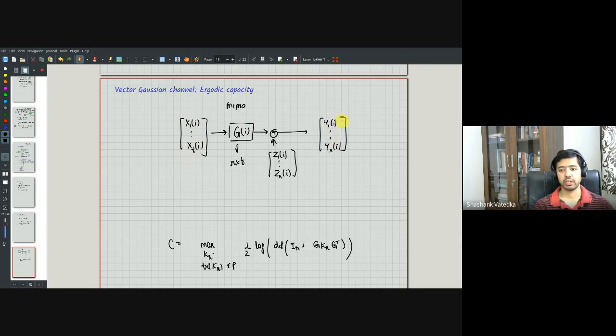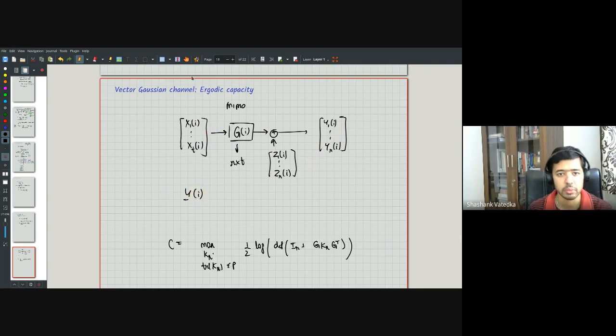So Y1 of i is what is received on the first receive antenna, and similarly YR of i is what is received on the Rth receive antenna. The relationship between the input and the output is basically just a linear transformation followed by additive white Gaussian noise.